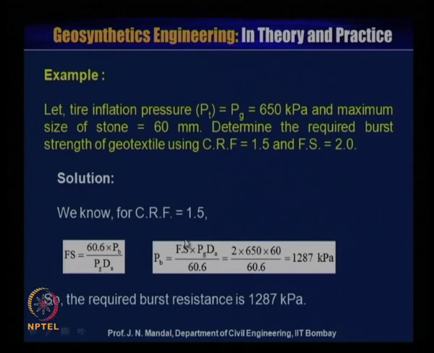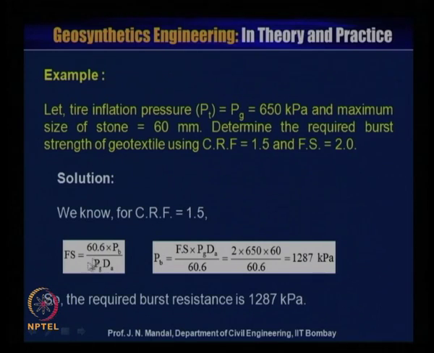For an example, let the infiltration pressure Pg be equal to 650 kilopascal and the maximum size of the stone be 60 millimeter. Determine the required burst strength of the geotextile using cumulative reduction factor equal to 1.5 and factor of safety equal to 2.0.